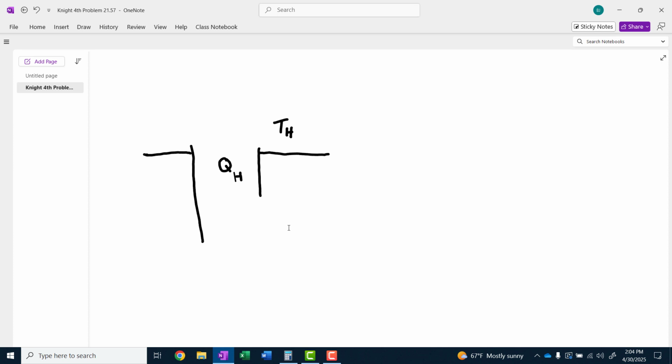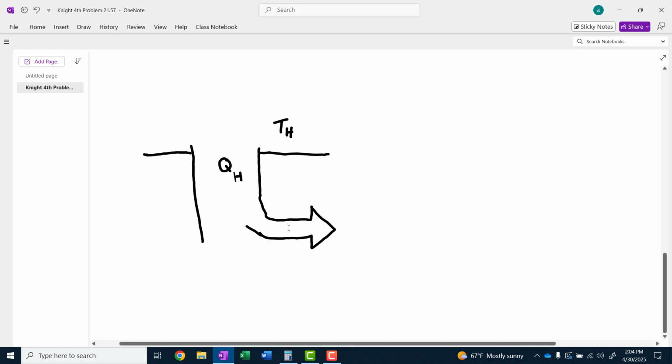Of that quantity of heat, unfortunately only some of it actually goes out as useful work. The whole point of the engine is this arrow right here. This is mechanical work, for the case of your car, it's supposed to make your wheels turn and drive your car forward. I didn't draw this very well.